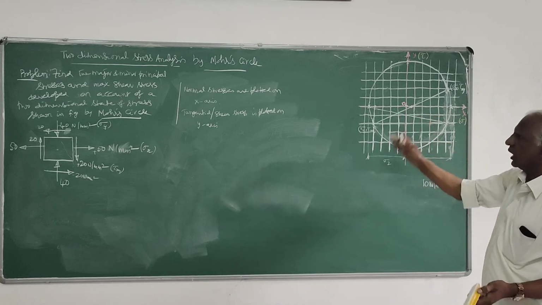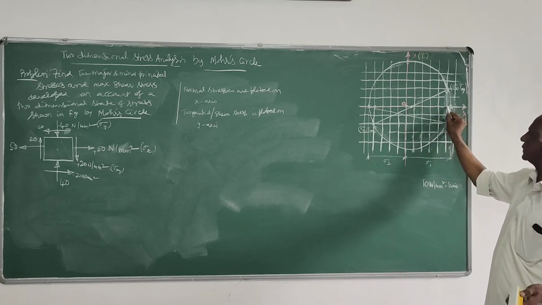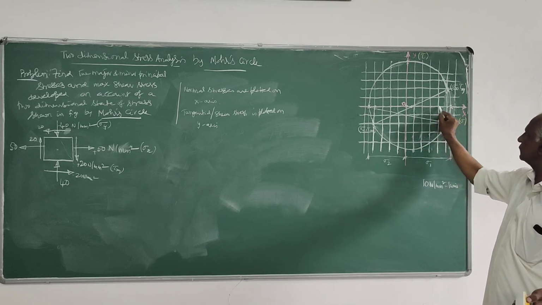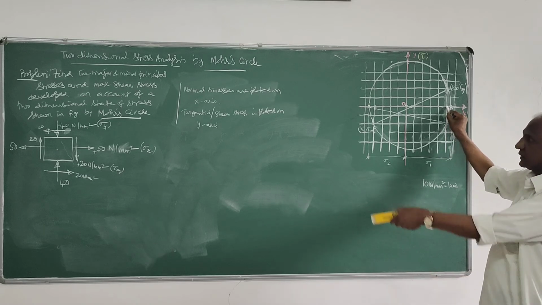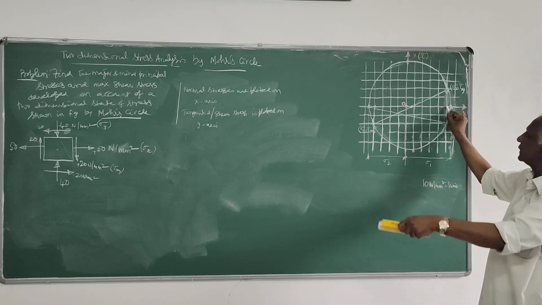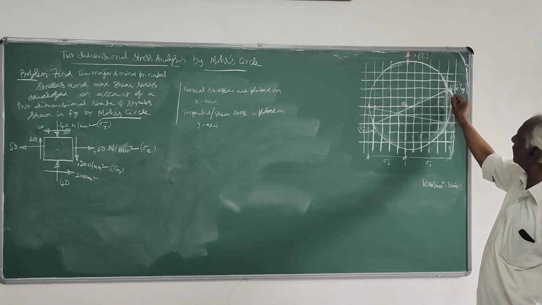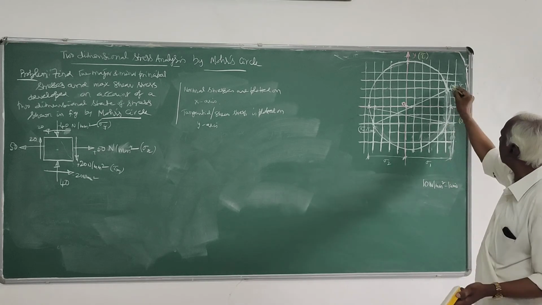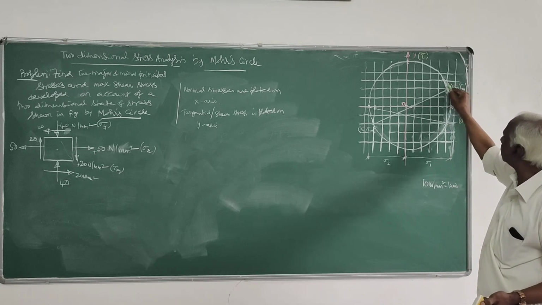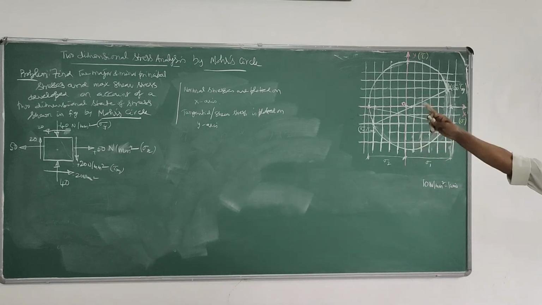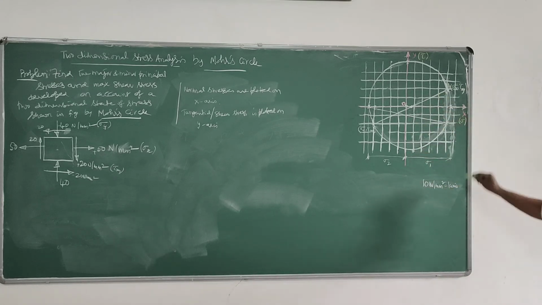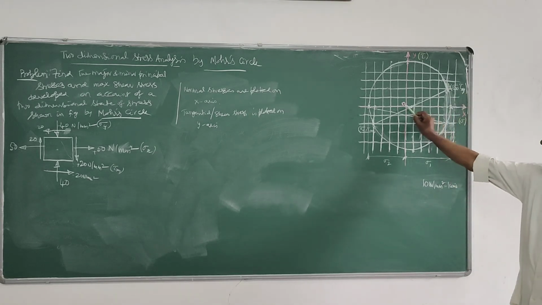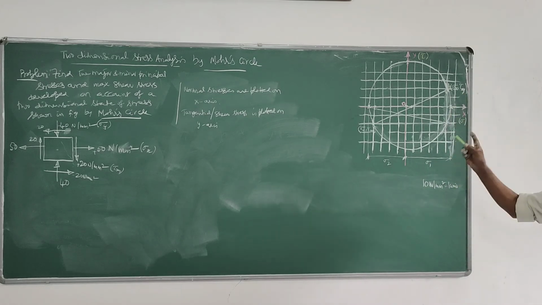Plus 20 means here 10, 20 here. So this is the point we have, and that point I will call A point, the stress acting on the vertical plane, which is equal to sigma x and tau xy. This is sigma x, this is tau xy, both are positive.